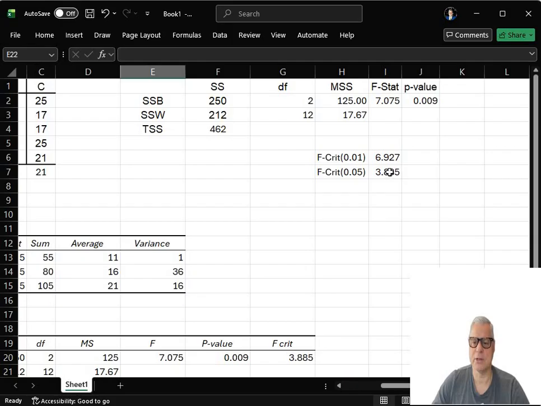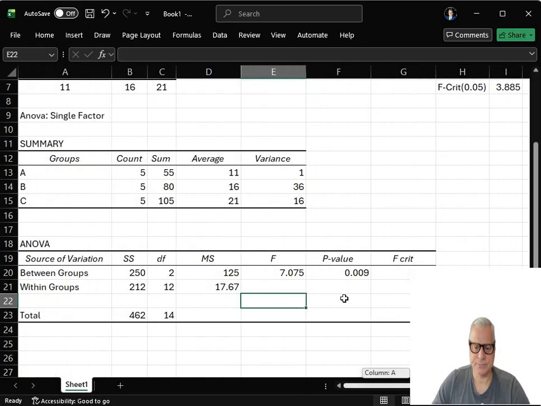The F critical is 3.885 at 5%. So we reject the null hypothesis that there is no difference between players A, B, and C.